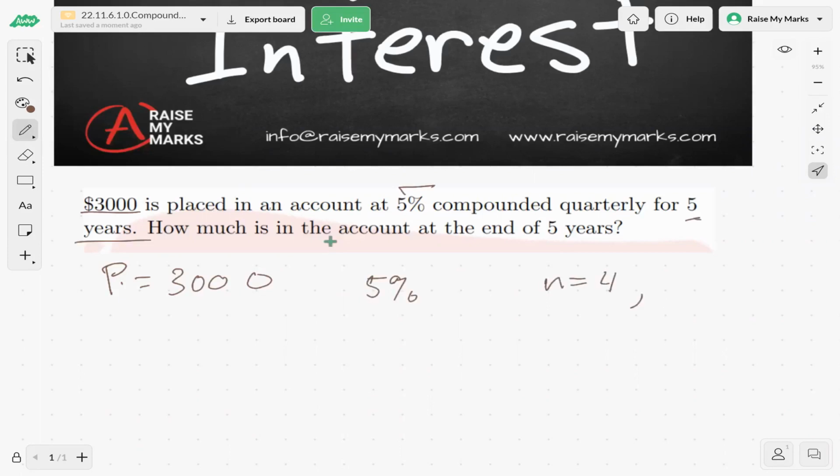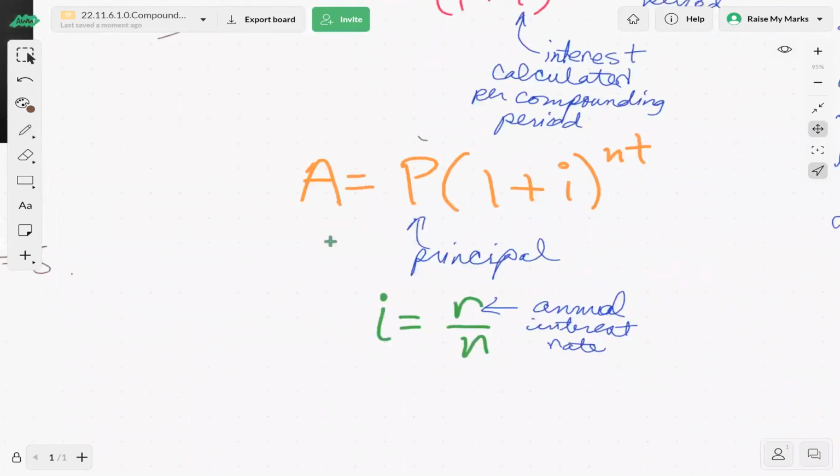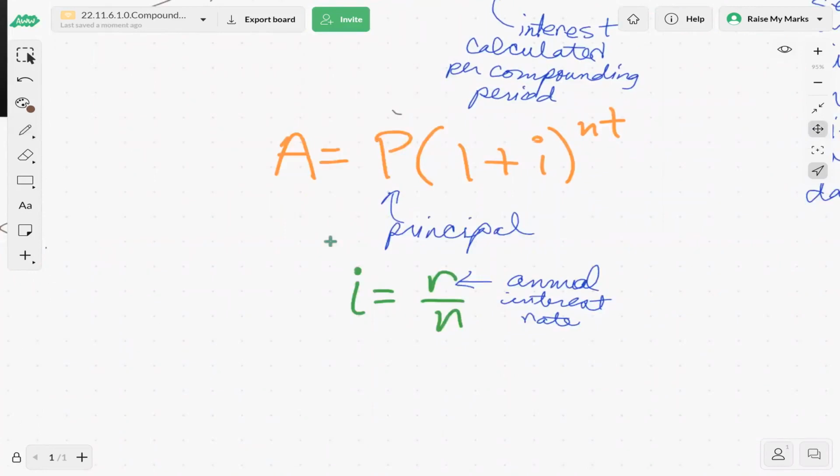Our investment period is 5 years. And we want the amount in the account after 5 years, so it looks like we're looking for A. Let's go back. Yes, we're looking for the amount.